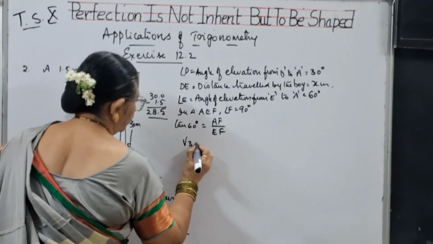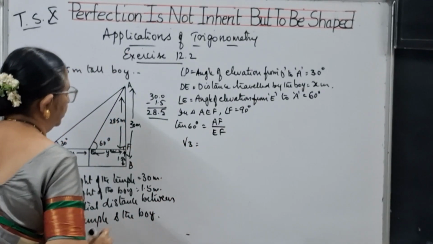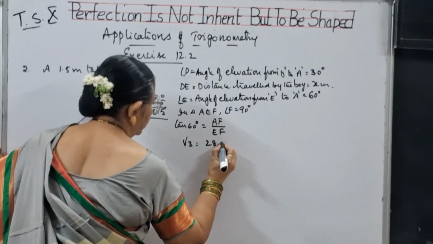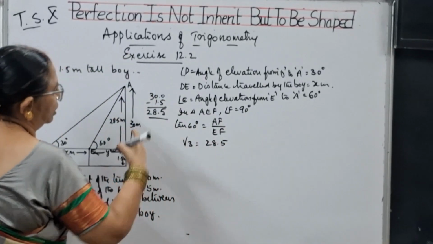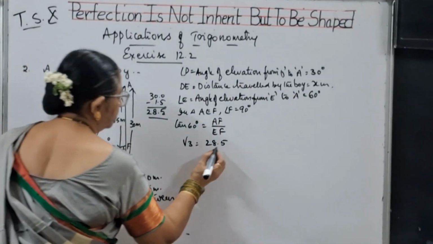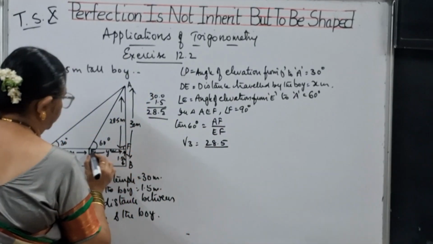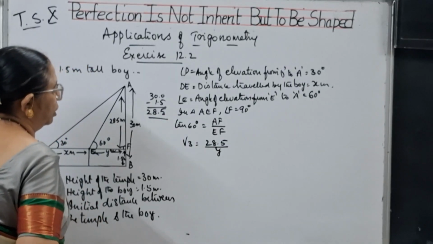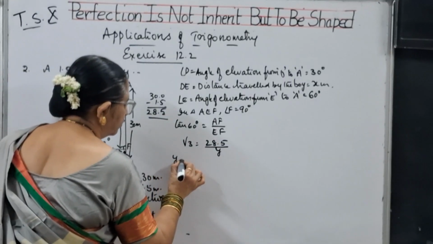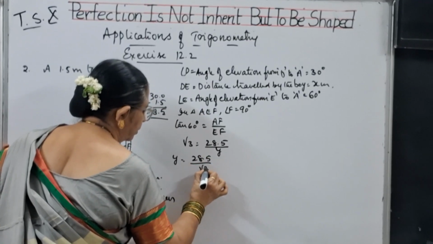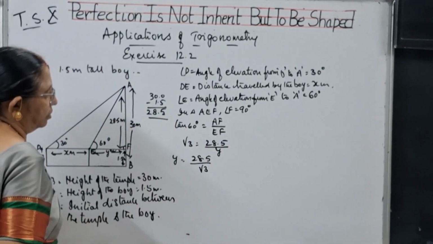Tan 60 is root 3, which is equal to AF. What is AF? You have got 28.5. So root 3 is equal to 28.5 by EF. EF is y. So what can you say?